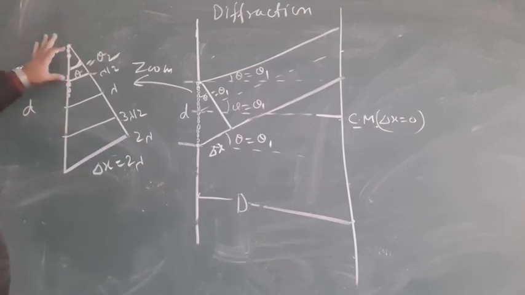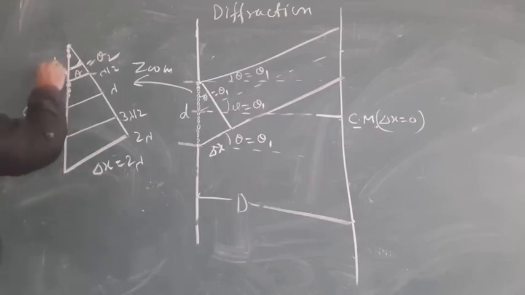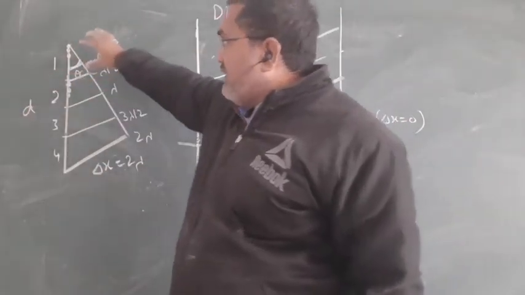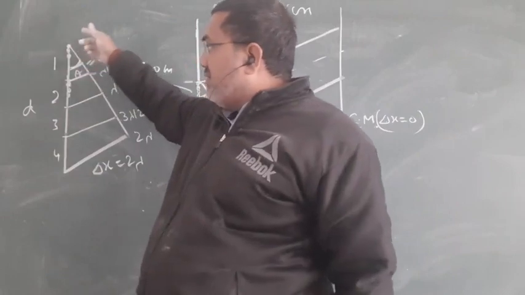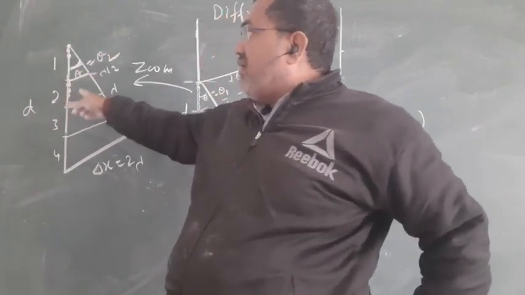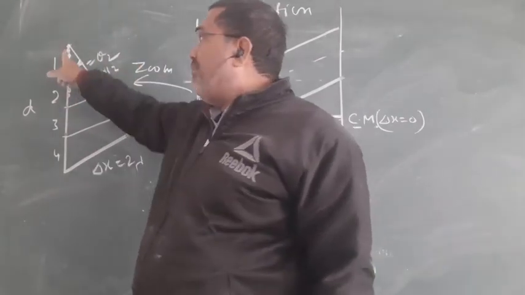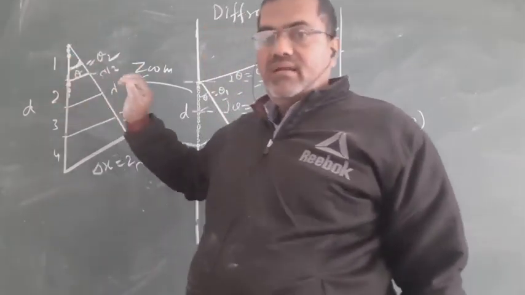In the upper portion, this is the first portion, this is the second portion, this is the third portion, this is the fourth portion. In portion 1 there are many particles, and in portion 2 there are corresponding particles.